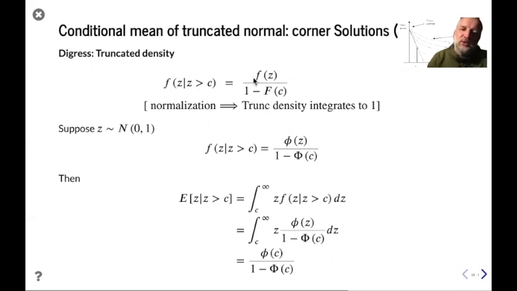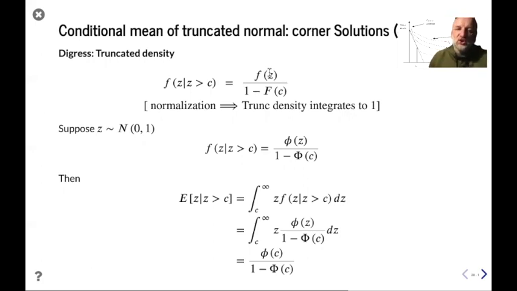Here's the original density of interest, but in order to condition on the random variable being greater than some threshold, you divide by the probability that that is the case, which is 1 minus the CDF of that distribution evaluated at C. That's the probability that the variable is greater than C. We really need to make this normalization, because otherwise that density does not integrate to 1.